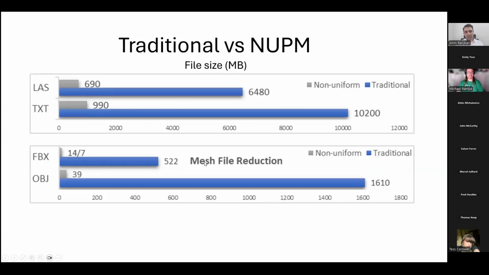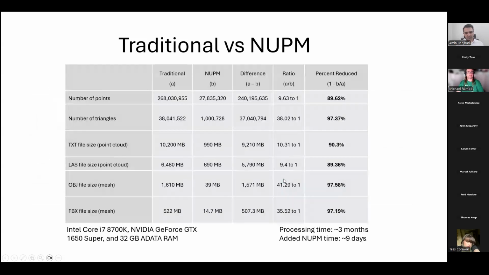And about the output file size, you can see that LAS and TXT point clouds have been reduced perfectly, and the FBX and OBJ mesh models also have been reduced perfectly. And you can see these numbers and percentages in this table.